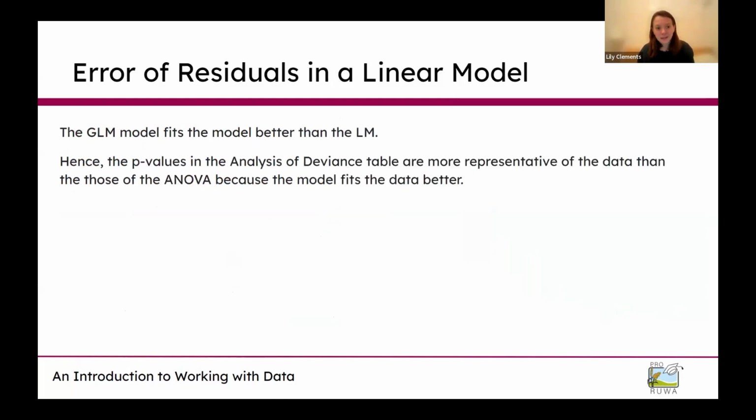So here the generalized linear model fits this data better than the linear model. What this means is that the p-values in the analysis of deviance table are more representative of the data than those of the ANOVA, because the model fits the data better.